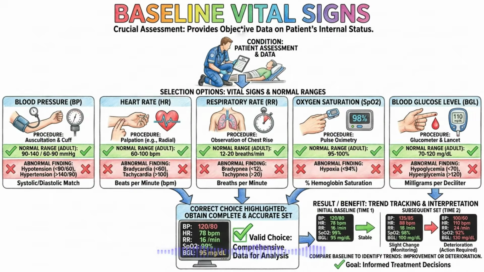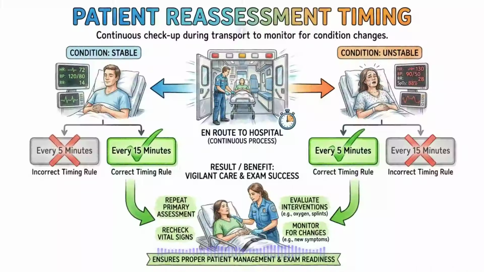your care. The final phase of patient care is the reassessment, which is a continuous process performed while en route to the hospital. During this phase, you repeat the primary assessment, recheck vital signs, evaluate the effectiveness of your interventions, and monitor for any sudden changes in the patient's condition.